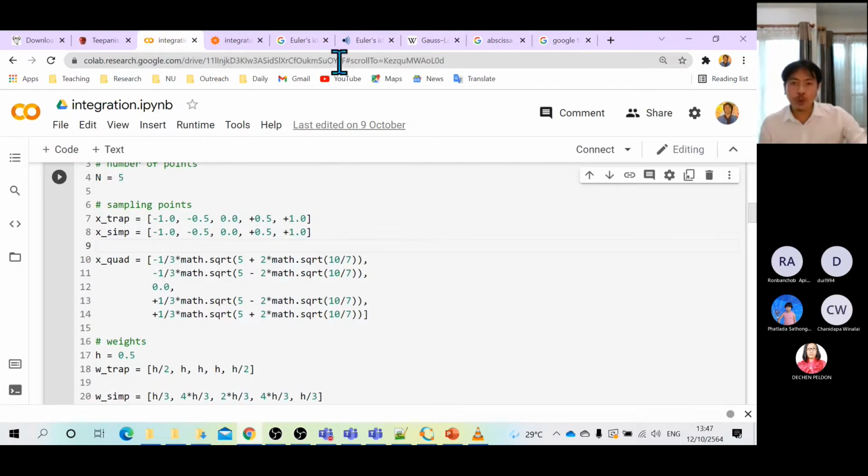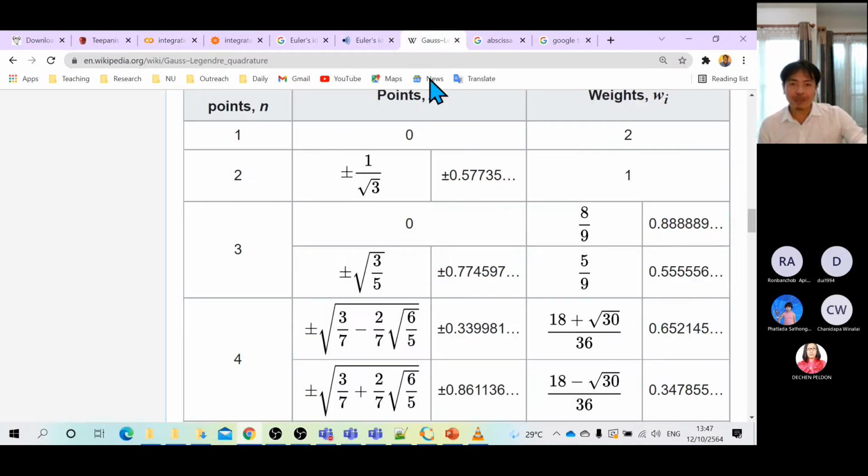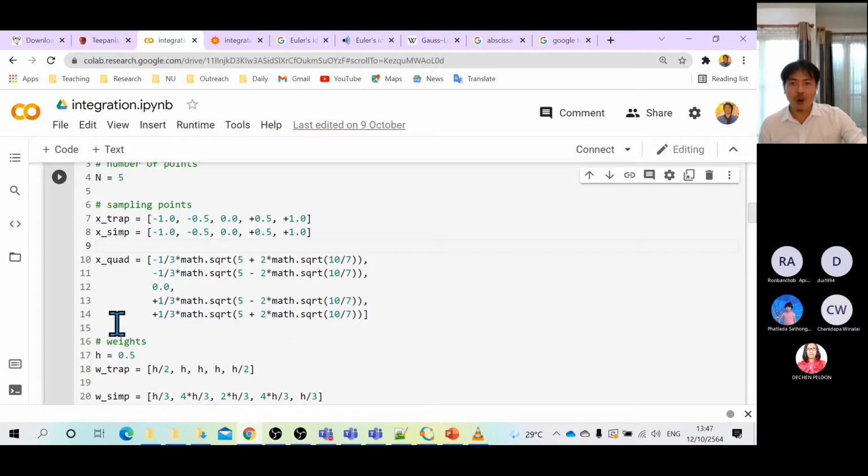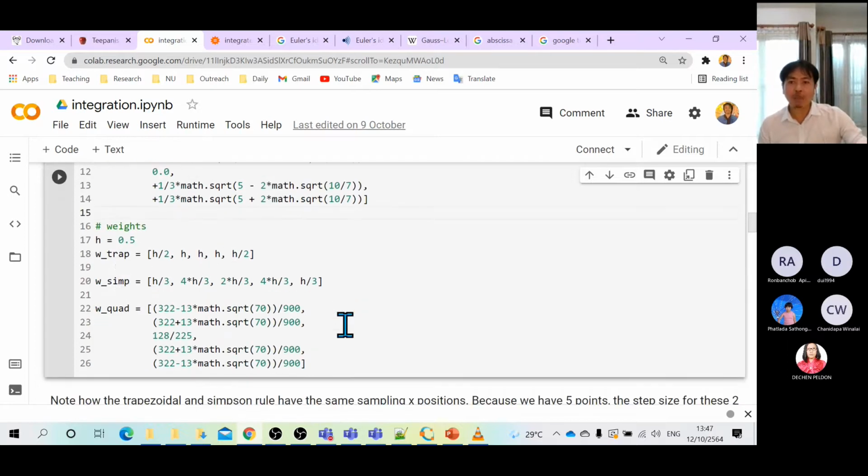Here I have to look at these abscissas from Wikipedia. For 5 points, I have the abscissa locations here, and I just put them in my formula in Python. Then I go on computing the weights, which we learned how to do in the previous class.